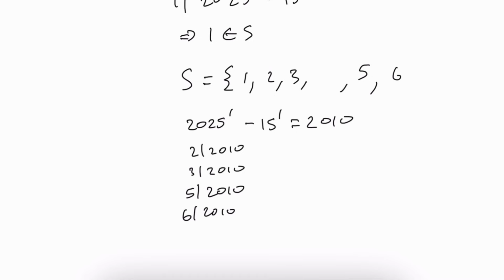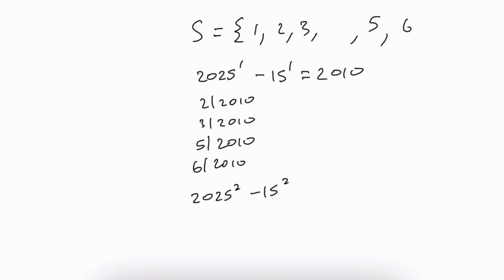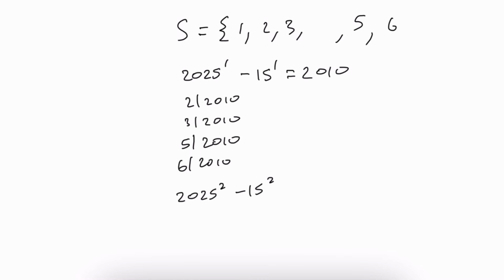So how can we try to get 4? We can look at 2025 squared, right? Just try the next number and see what factors we can get from there. And I guess this is pretty big to evaluate. I don't want to square 2025. So we can just consider this entire expression mod 4. We're hoping to get that it's congruent to 0 mod 4.